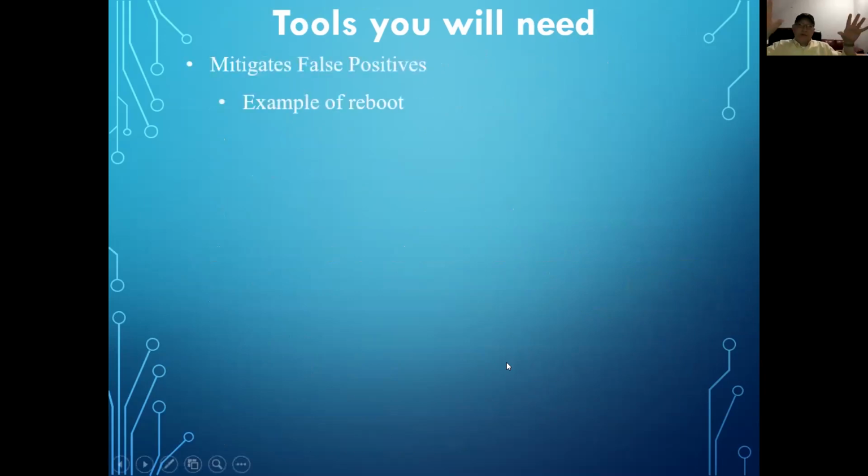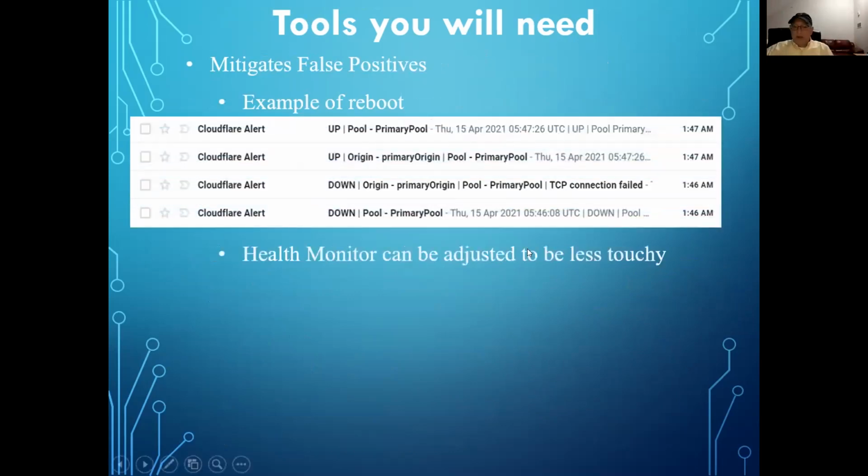So that was your basic server, right? You had your server set up with your secondary server, and mitigating the false positives. And I want to give you an example. Last night, while I was working on this, I made a change in Cloudflare. I wasn't sure, and also my Malwarebytes on my server said, you haven't rebooted.